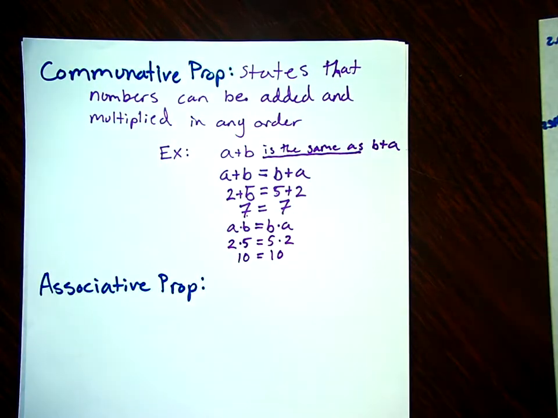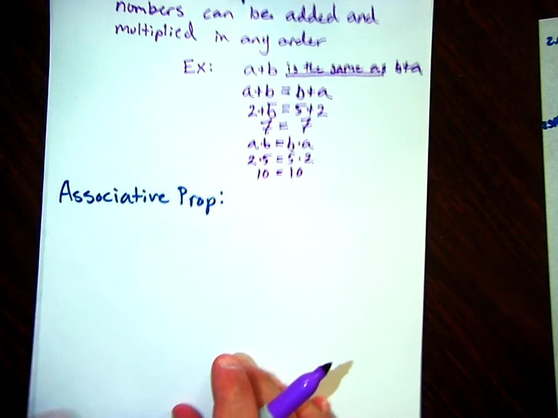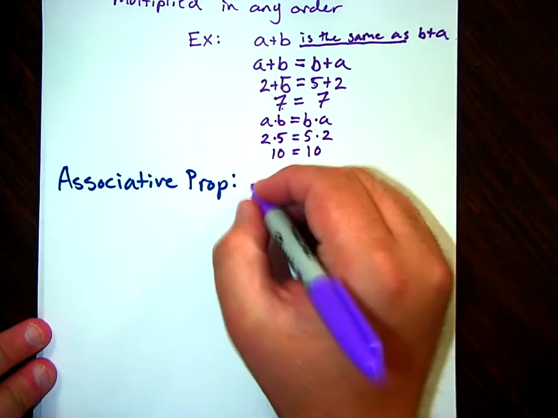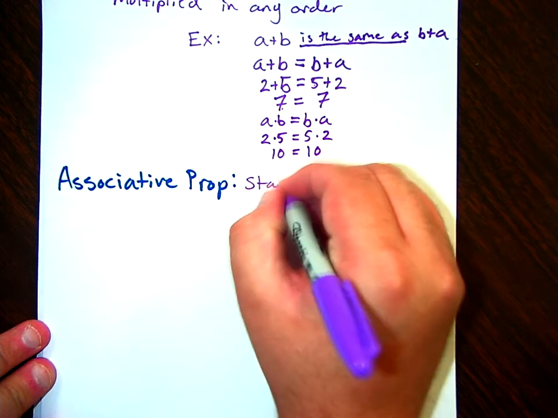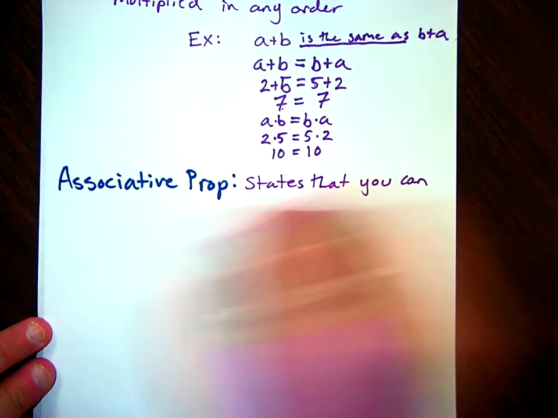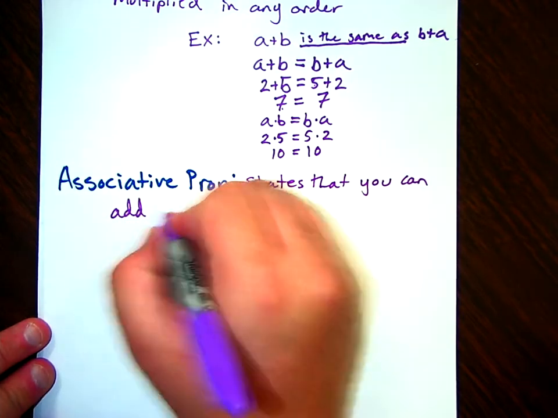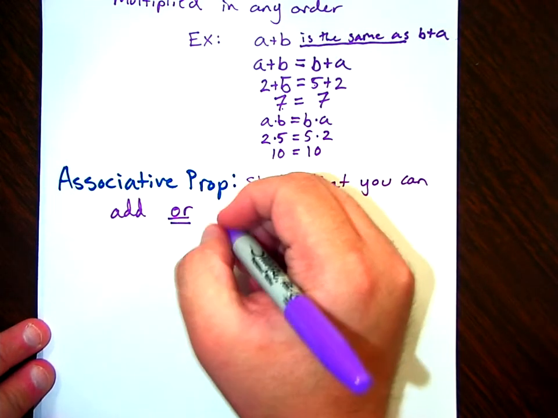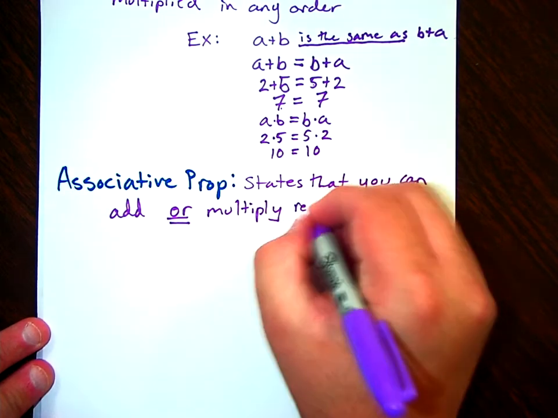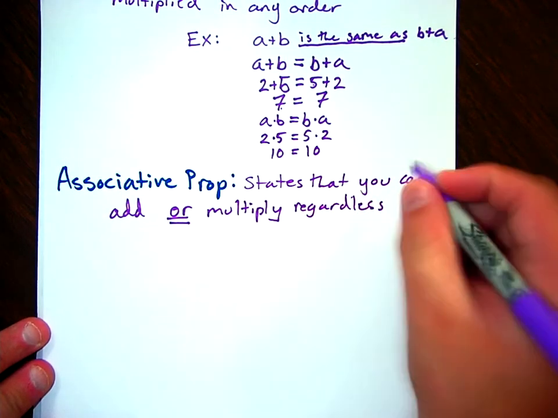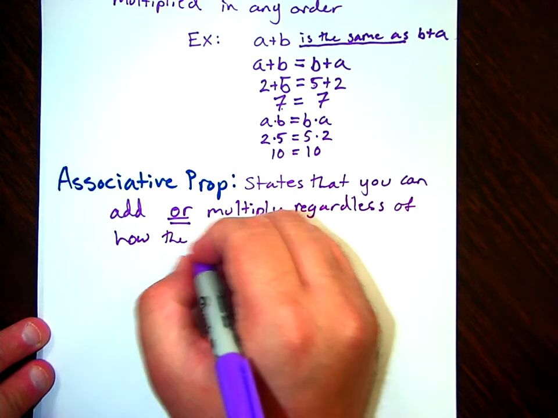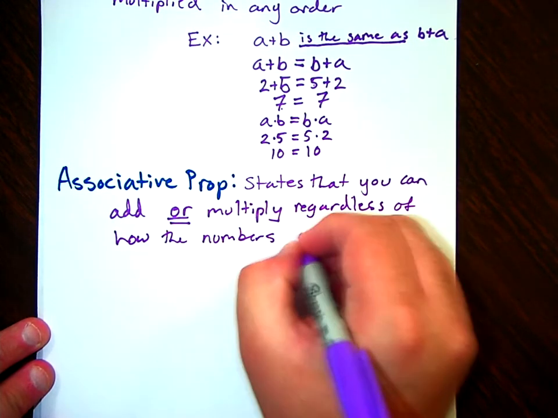Now let's define the associative property. The associative property is a property that states that you can add or, not and, or multiply regardless of how the numbers are grouped.